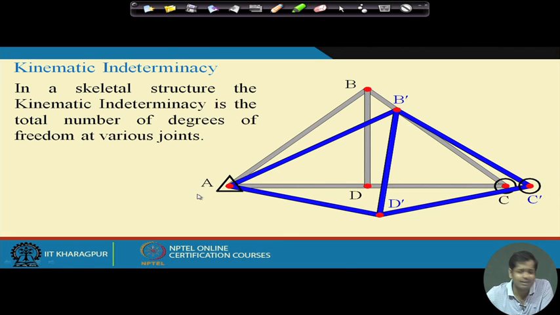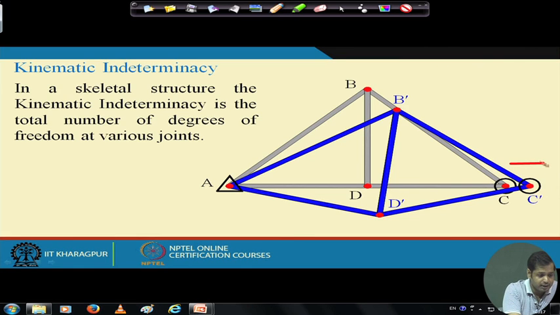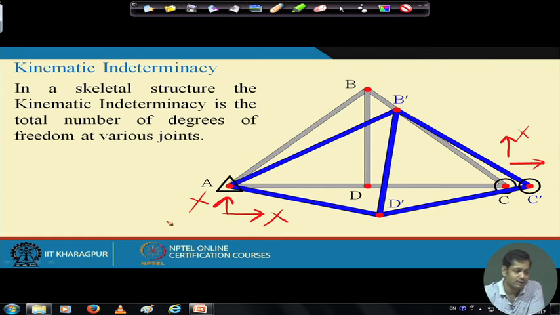Now, joint A does not undergo any translation because it is a hinge joint, but joint C, which is a roller support, cannot move in y direction, but it can translate in this direction. And joint A, in both the directions, these translations are restricted.